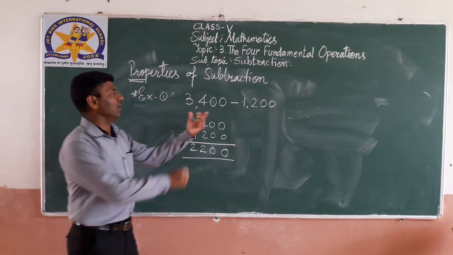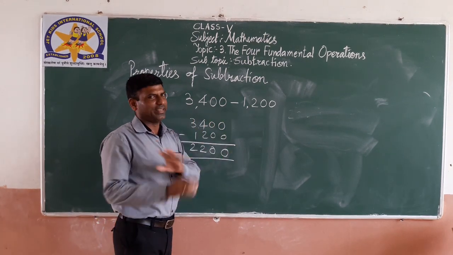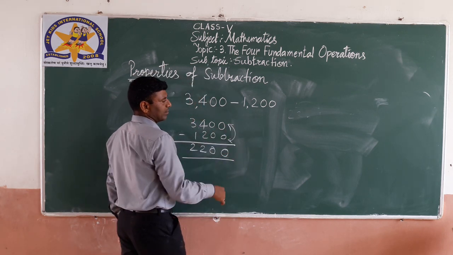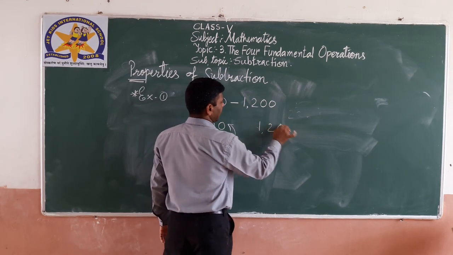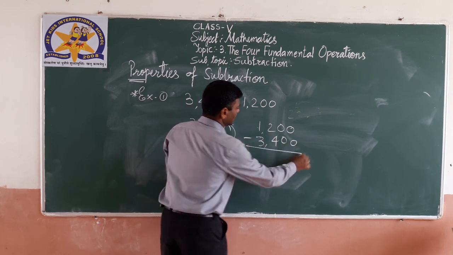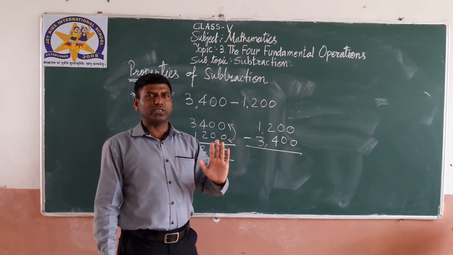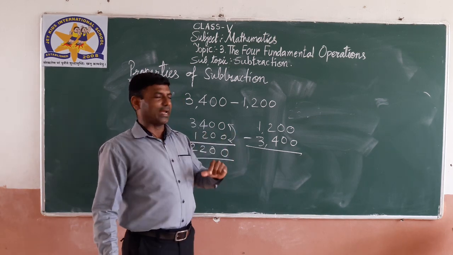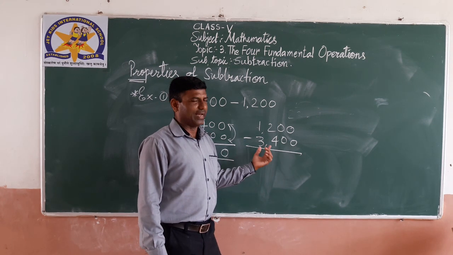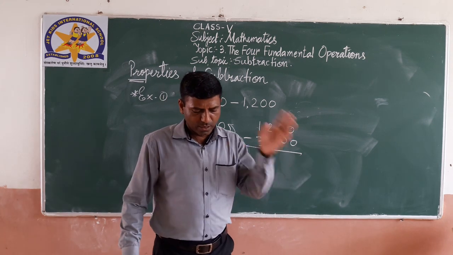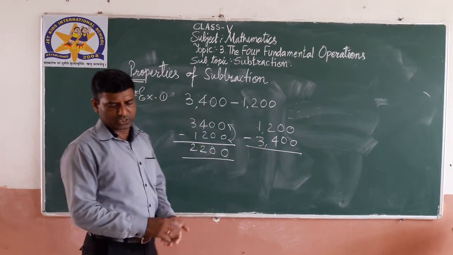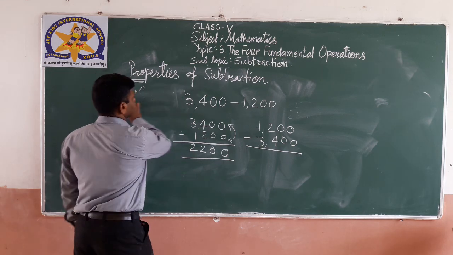But if you change the order, we cannot. See, if you change the order, 1200 minus 3400, is it possible? No. In subtraction, we can subtract a smaller number from a bigger number. Understand? That's why the order property of numbers in subtraction cannot be changed. Understand? This is one property.